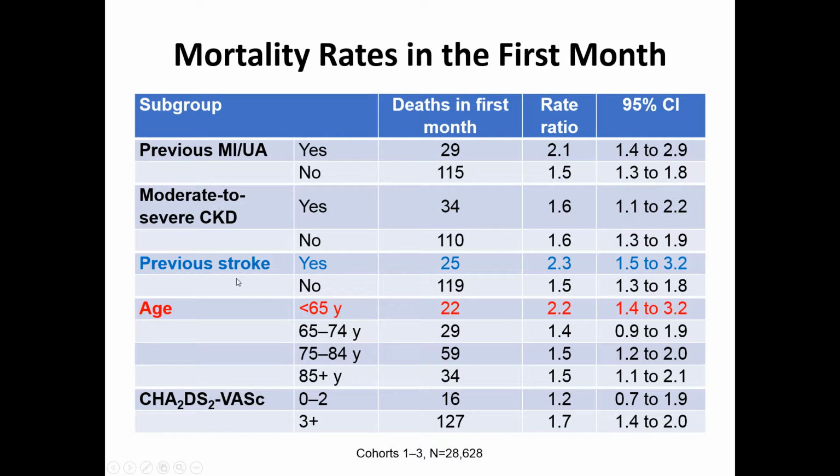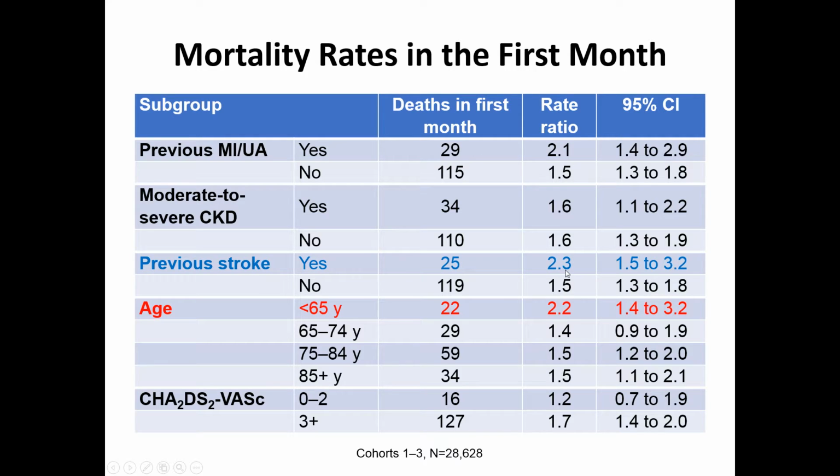extrapolation of death. If we look at some of the qualities or characteristics of these patients, we can see that previous stroke is associated with a high death rate, and many of these strokes were presenting characteristics of the patients who were then started on anticoagulants.